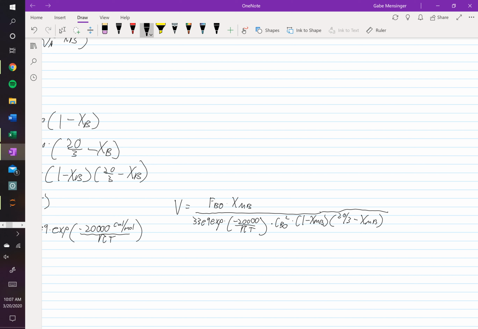Not the neatest, but here is the mass balance that we're going to want to solve in order to get the conversion of the mass balance as a function of temperature. And I'm going to leave it like that for now.